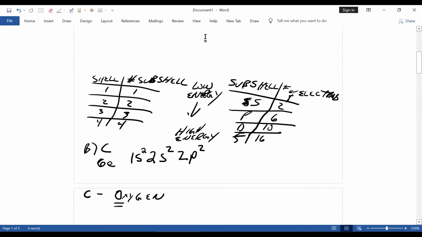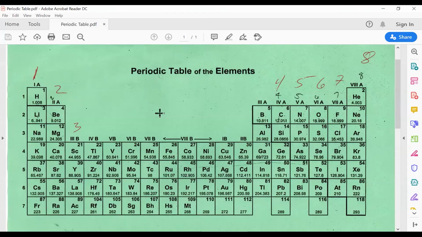And to help you out, first of all, you've got to figure this out, but I'll let you take 5 seconds, find how many electrons in oxygen. Quick, clock is ticking, tick, tick, tick. And the answer is there are 8 electrons. How do you know that? You come over here, oxygen, chemical symbol O, atomic number tells you how many protons and electrons. There's 8.